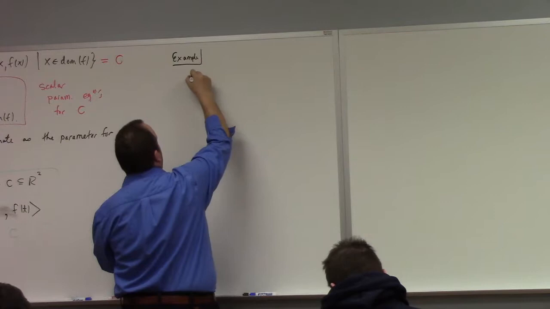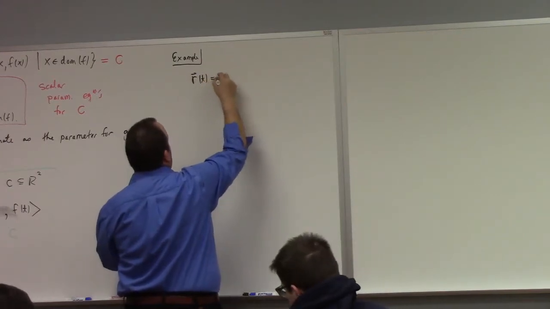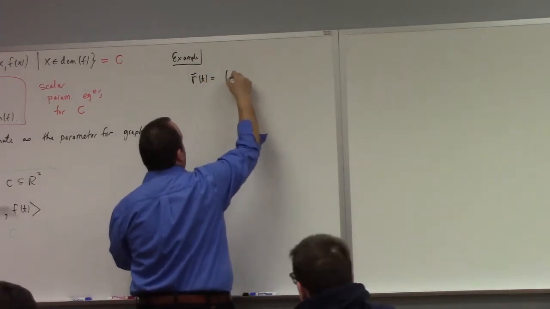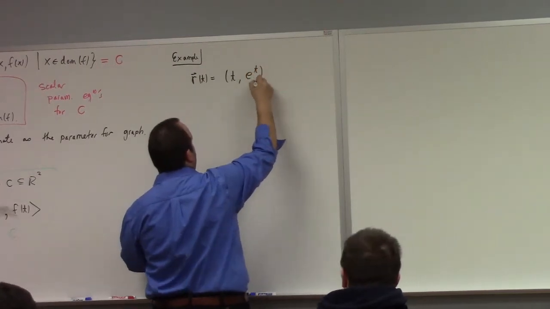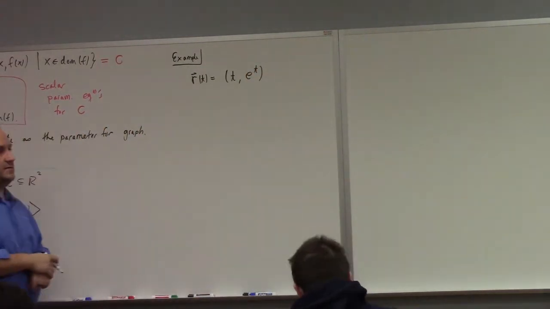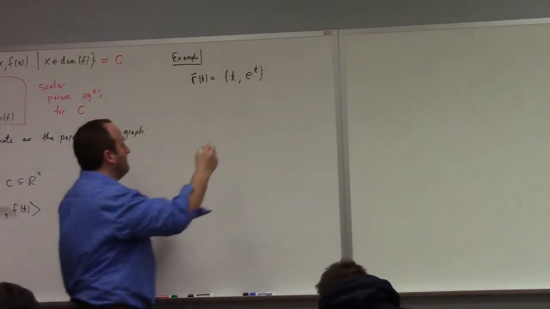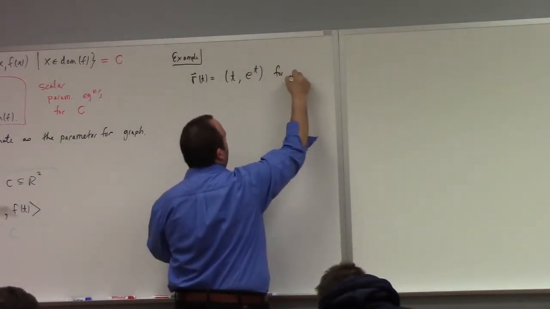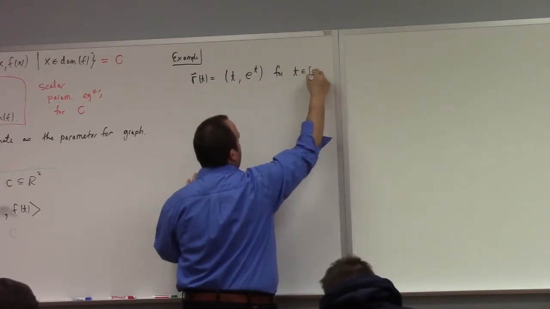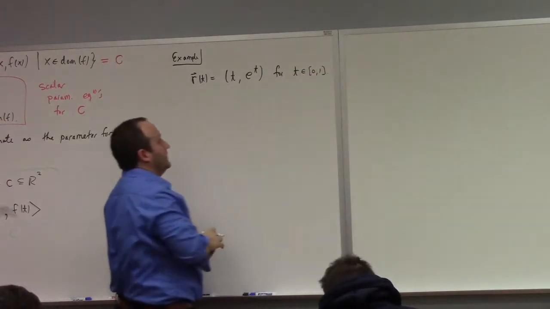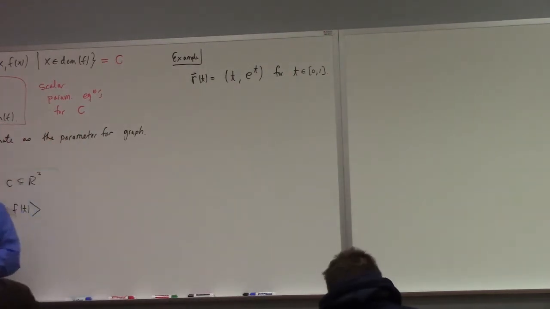If I tell you R of t is equal to, let's say, t comma e to the t, and that's for t in the interval 0 to 1, can you tell me the scalar parametric equations for this curve?